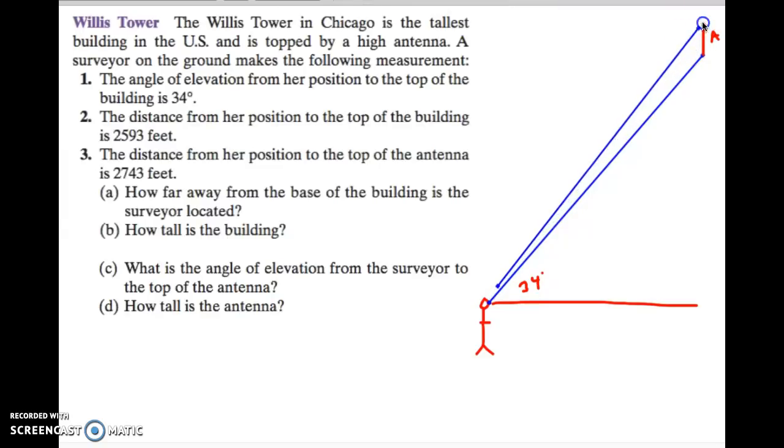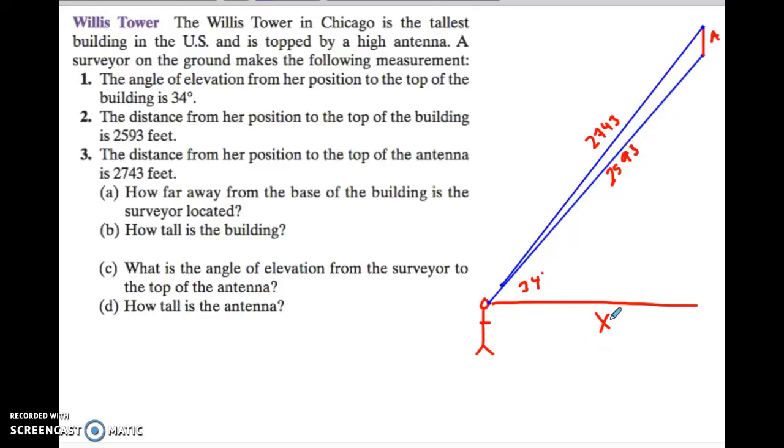Now let's look at these two measurements we have. One measurement is 2,593, and a second measurement is 2,743.